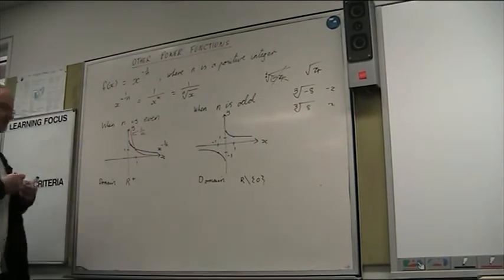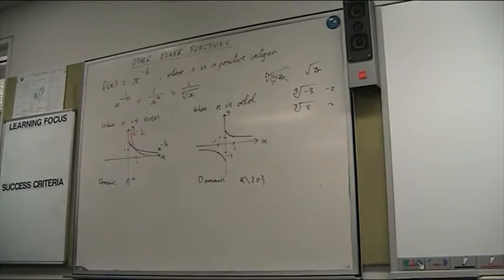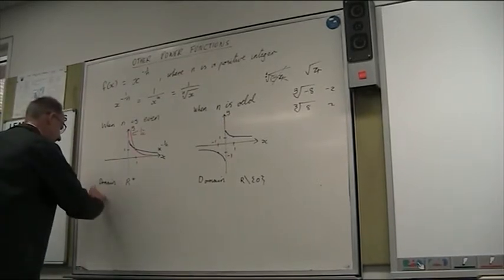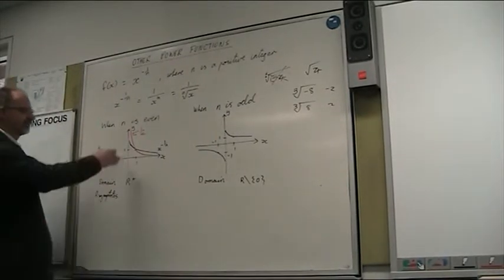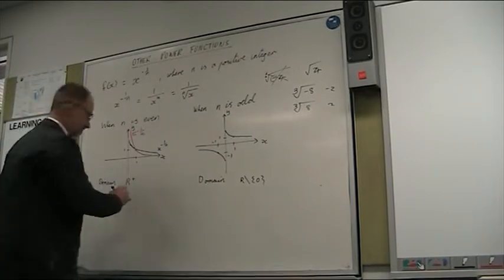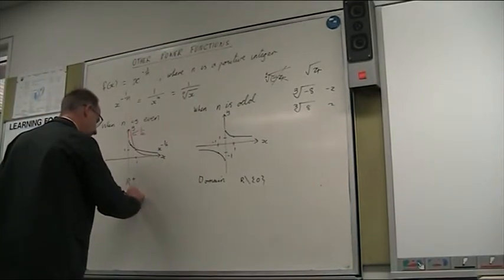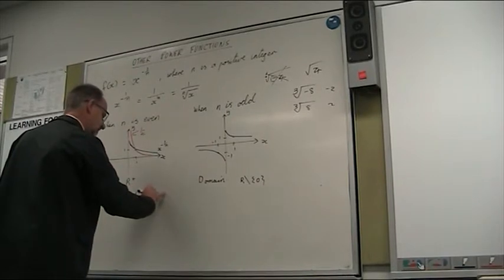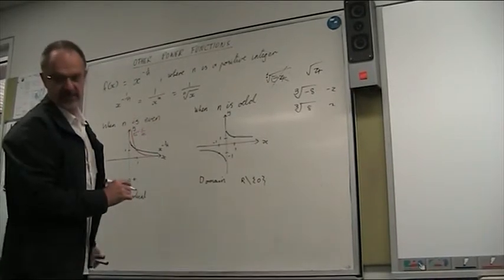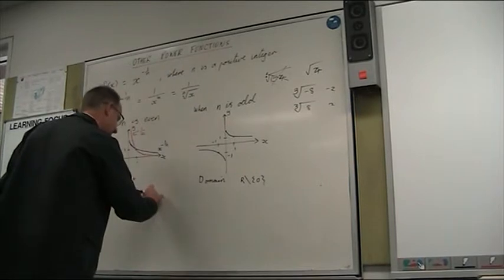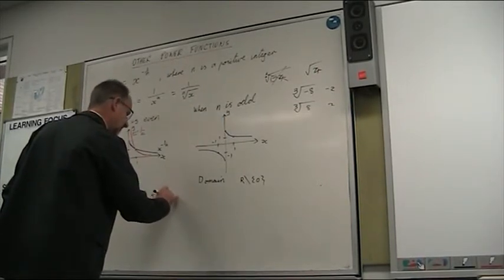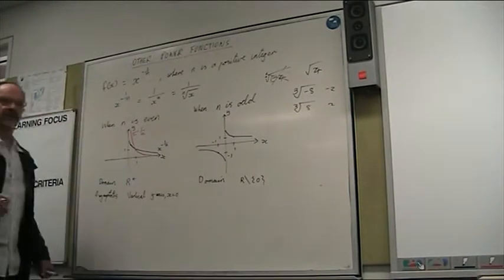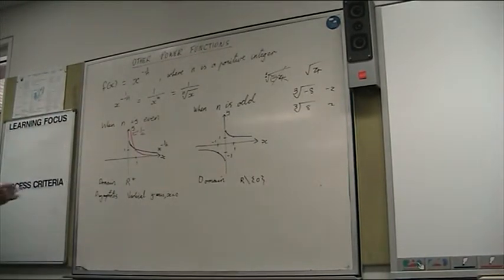Right, asymptotes, this is what you were asking about before. There are 2. There's a vertical one, which is the y-axis, or x equals 0, whichever one you prefer to use.